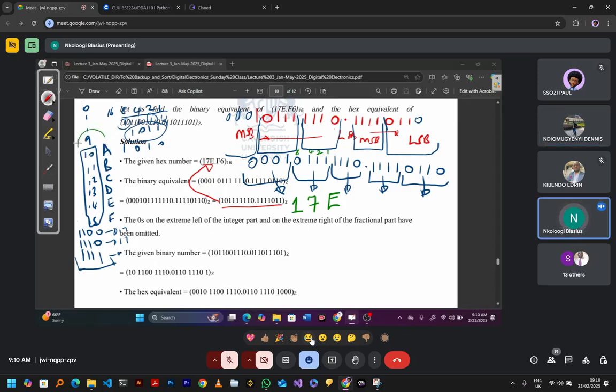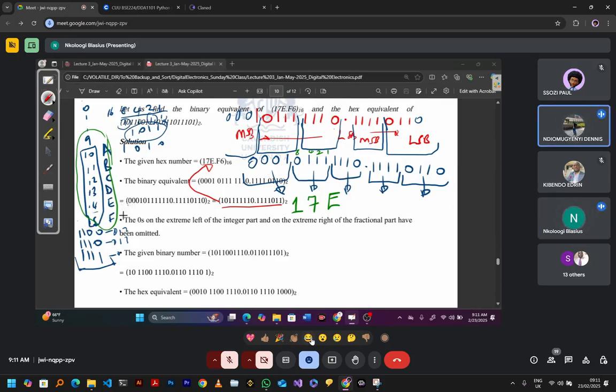You remember this concept where I told you that in hexadecimal, when you reach 10, you don't write 10, you write A. It means 11 will be B, 12 C, 13 D. Actually, this was 14, not 13. Then 14 is E.